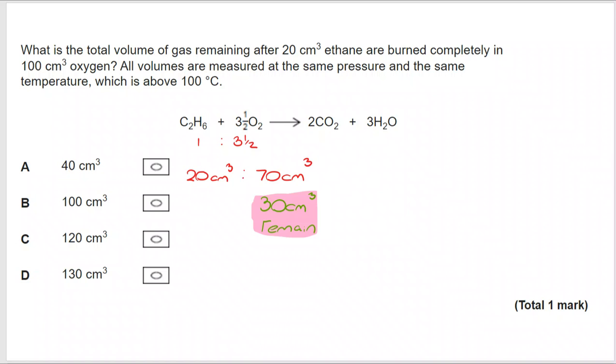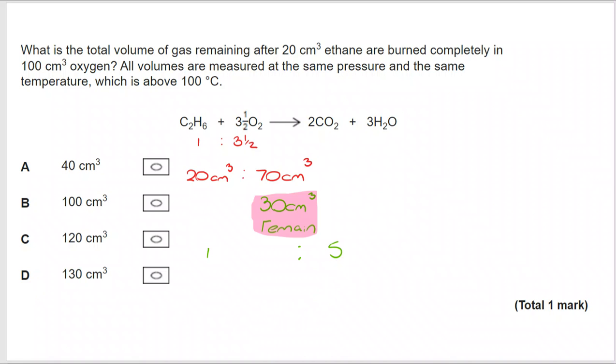What I'm then going to do is look at my mole ratio of ethane to gas. It does tell you that this is above 100 degrees C, so my CO2 and my H2O are both gases. Now, 1 mole of ethane makes 2 moles of CO2 and 3 moles of H2O. So my ratio of ethane to gases is 1 to 5.